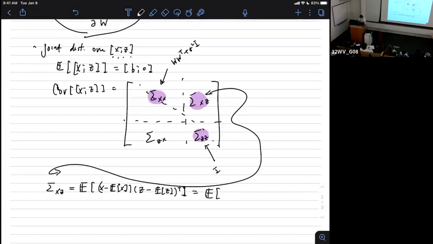Doing exactly what we did earlier, we end up with the expectation of (w z plus epsilon) times z transpose. Why is that?